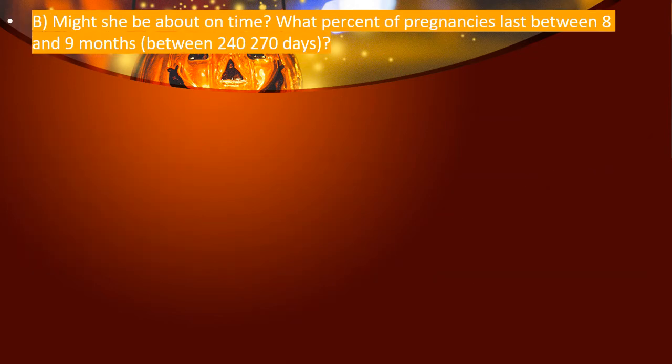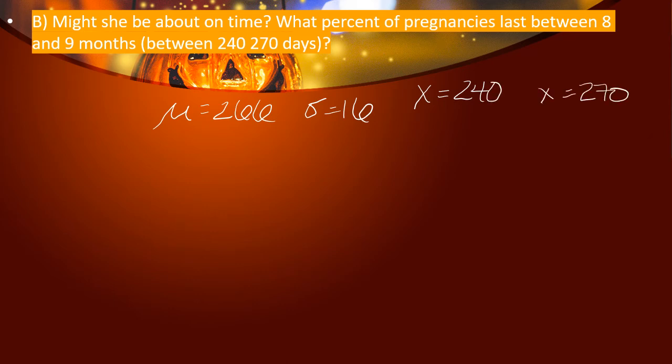Okay, so let's take a look at this second problem. Might she be about on time? What percent of pregnancies last between 8 and 9 months, between 240 and 270 days? First thing I need to do is write down my givens. Mu equals 266, the standard deviation is 16, my first x is 240, and my second x is 270. I would probably pause and ask, wait a second, what am I doing here?